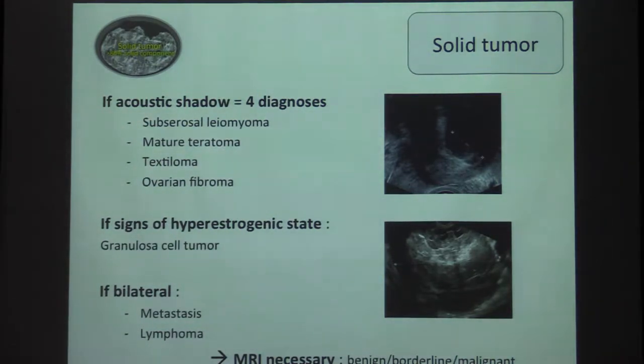When you have signs of a hyperestrogenic state, like an endometrial thickening or adenomyosis, then you can make the diagnosis of a granulosa cell tumor. And if it's bilateral, most common is lymphoma or metastasis. In each case, it can be difficult to make the diagnosis in ultrasound, so you have to complete your exam by MRI.